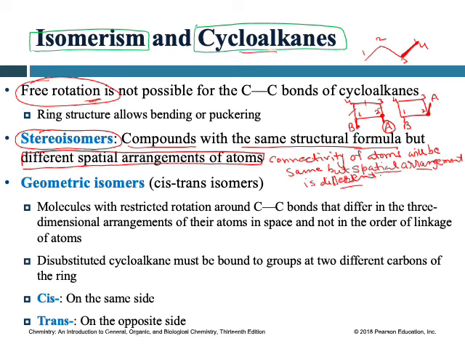Right now A is on the top, above the plane, but in the previous structure A is below the plane. So this is the spatial arrangement. It means in 3 dimensions you are just putting the atoms above or below the plane. That's it. So this is called stereoisomers, right? So let me tell you one more time.